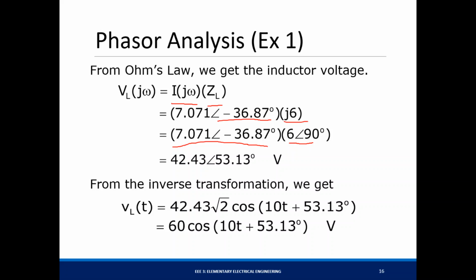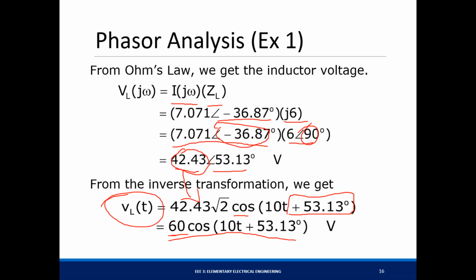Multiply the magnitudes, get this, and then you add the phase angles, you get this. We go back, we transform that into the voltage in time domain. You multiply the magnitude by square root of 2, and the phase is basically just you add it to the cosine function, and you'll have this equation right here for VL of t.